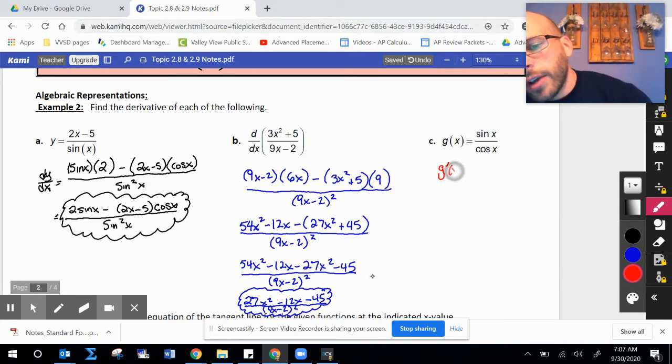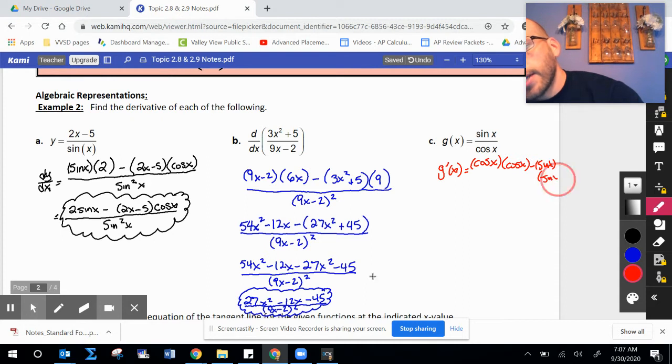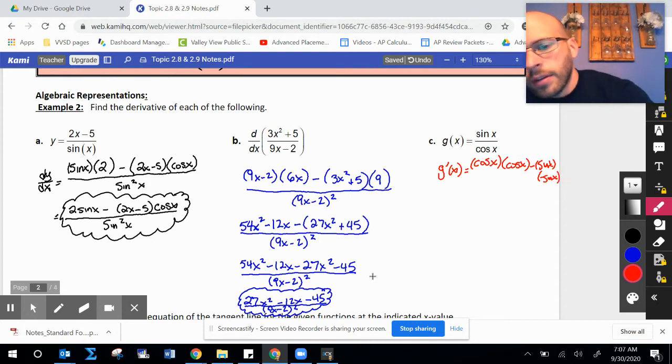All right, let's take a look at part C. So g prime of x will be low d high, derivative of the top is cosine, minus, I'm going to run out of room here, high, derivative of cosine is a negative sine, all over the bottom squared.